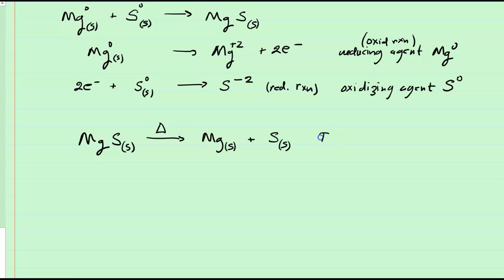This would be called a decomposition reaction. And of course, we could run every one of the other single replacement reactions or combination reactions in reverse if we add enough energy to the system.